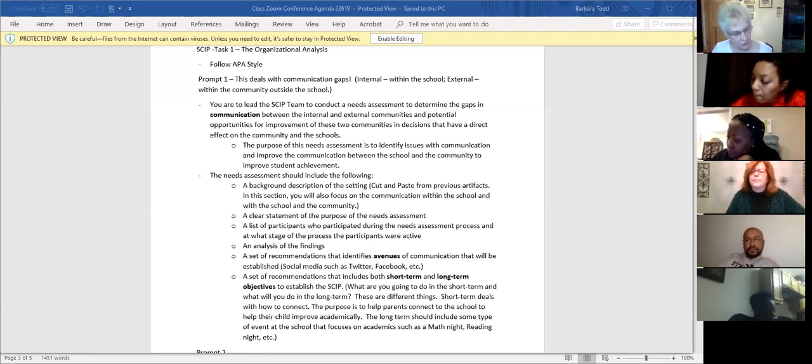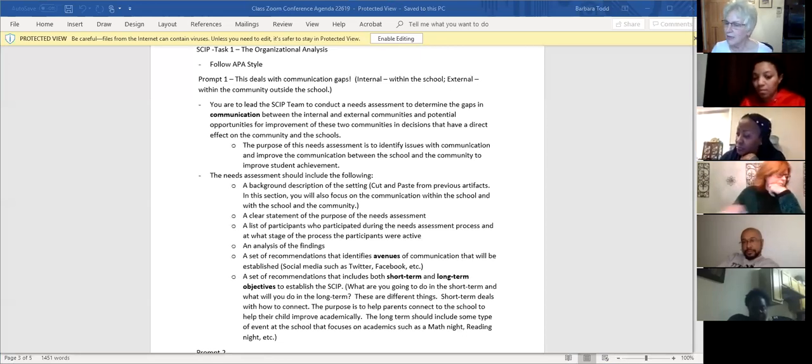For the short term, he was looking for how you're going to connect. In other words, which one of those avenues of communication are you going to use to try to solve this closing of the gap? The long-term objective, which it really doesn't say, and you have to read a lot between the lines to get to where he was looking for it.